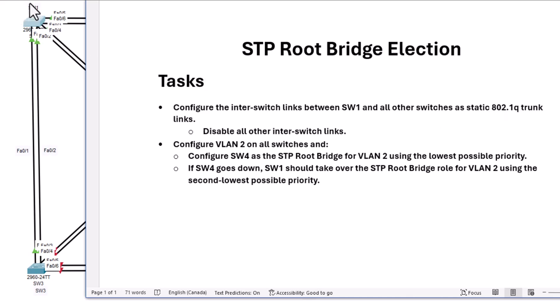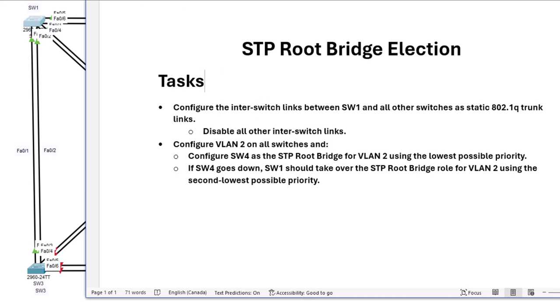By default in Packet Tracer, the IOS version we have for these switches uses 802.1Q, so we just change the mode to trunk and then disable all the other inter-switch links.